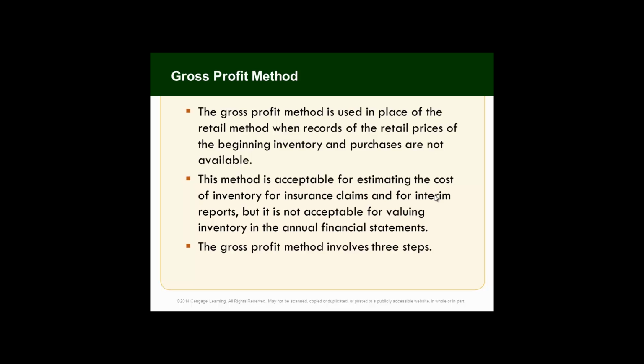The method is acceptable for estimating the cost of inventory for insurance claims and for interim reports, but not acceptable for valuing in financial statements. The gross profit method involves 3 steps and such, but again, most of the time it's really only used for inventory claims. So a lot of times when your building burns down, so does your inventory records and such, if you're keeping them on paper.